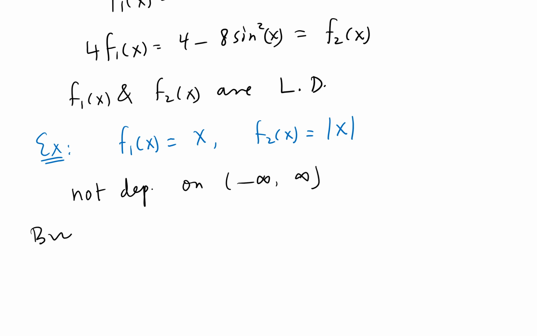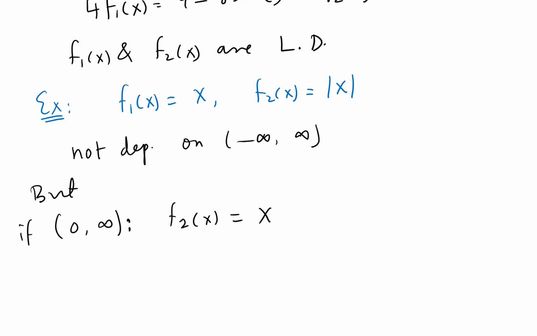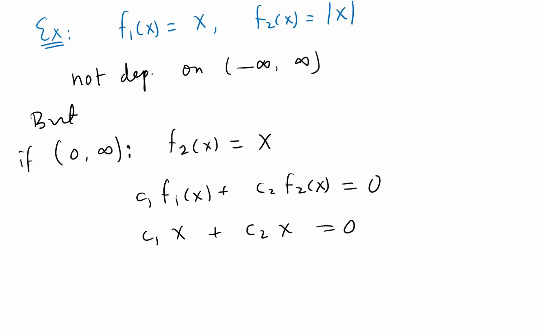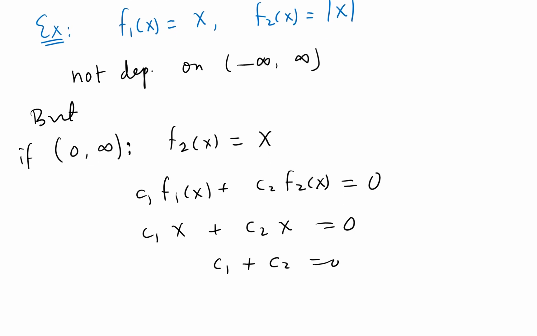But if we take x bigger than 0, because absolute value has to do with either the positive case or negative case, then f2 of x can be written simply as x. So if I set c1 f1 of x plus c2 f2 of x equal to 0, c1 x plus c2 x equals 0, you get c1 plus c2 is 0, so c1 equals negative c2. So they are dependent.